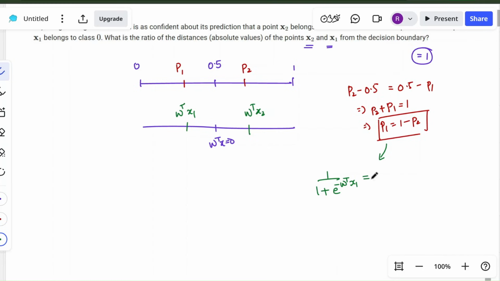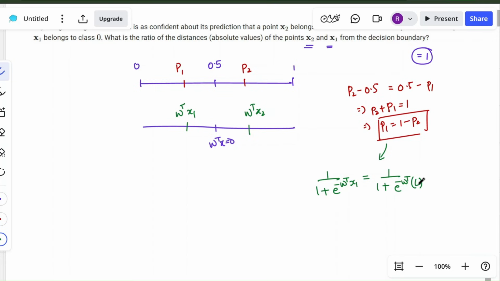This is equal to 1 by 1 plus e to the power minus W transpose, some number so that this becomes 0. And that will happen if that number is very large, some large number, capital L.